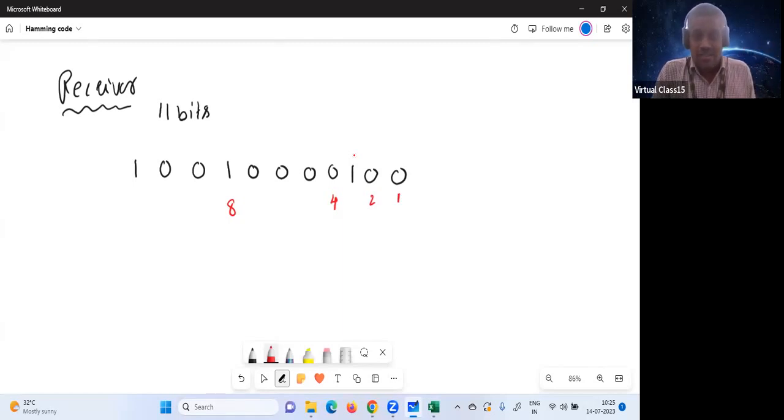Now at the receiver side, the receiver will also do the same computation. For computing P1, you considered all bit positions whose LSB is 1. Same scenario at the receiver side: the receiver also considers all bit positions whose LSB is 1 in the binary representation.